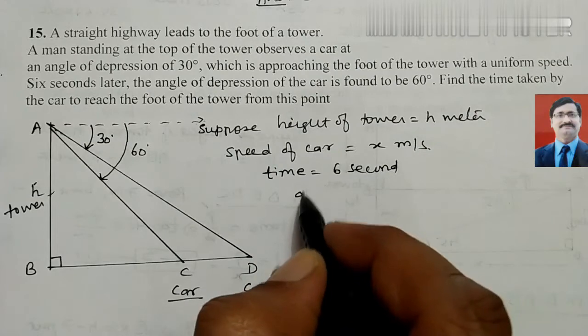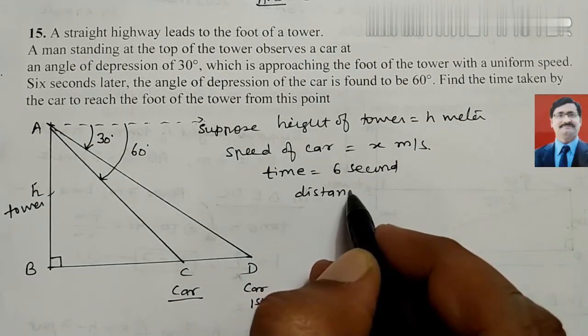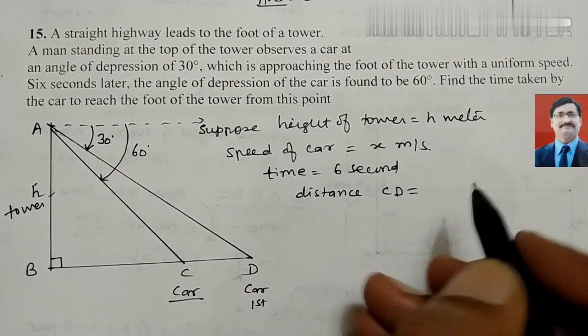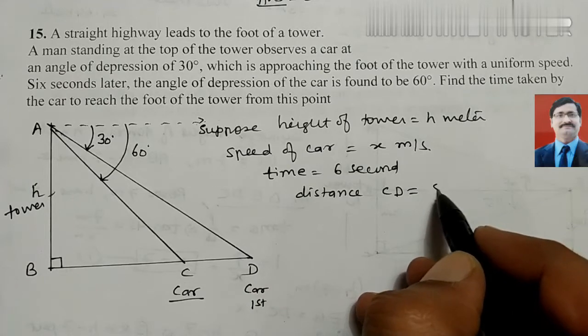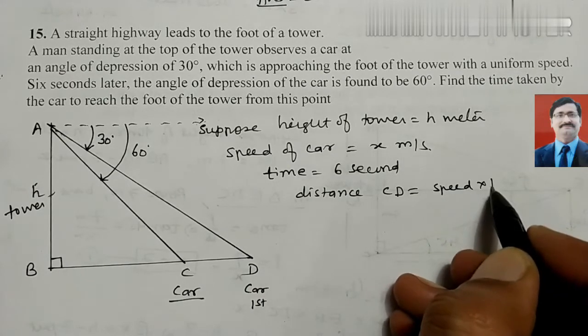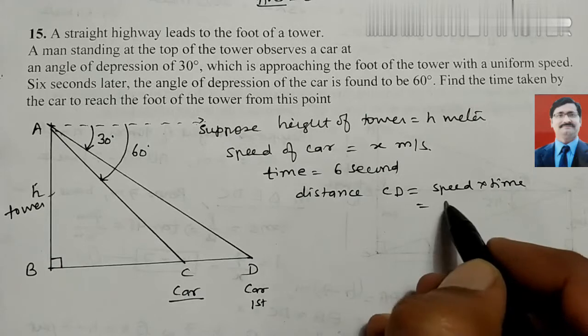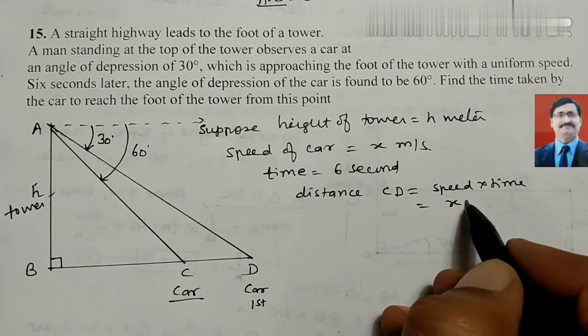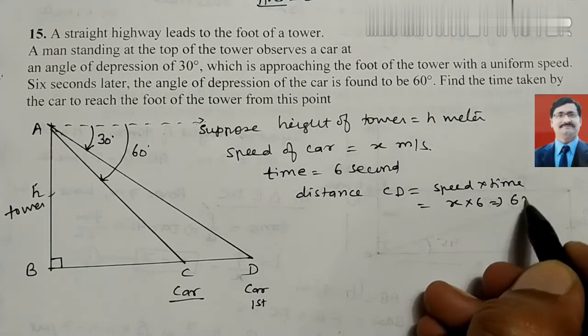So distance CD will be equal to speed into time. Speed is x and time is 6, so we get 6x.